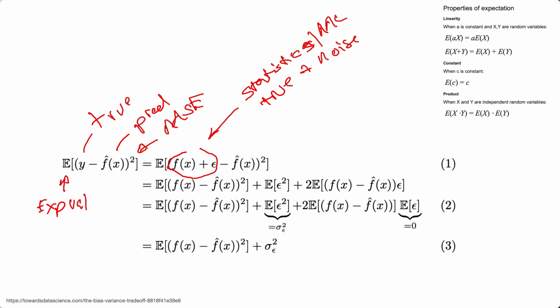Now we can start using these properties of expectation to do a little bit of algebra. First things first, these are additive terms, so we can pull any one of these terms out. Like this epsilon here is going to go outside over there. All right?